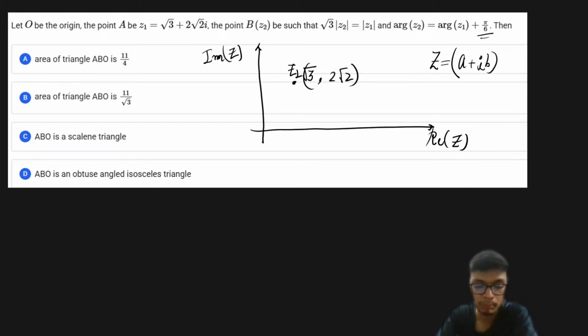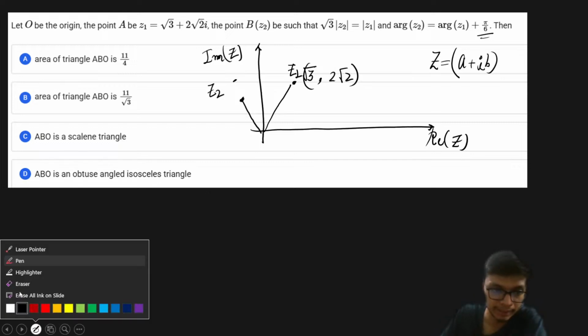Now you must have a question whether this pi by 6 is in the clockwise or anti-clockwise direction, which is a very genuine question. If it is a plus sign, generally the anti-clockwise rotation is considered as plus, so let us consider some z2 over here, also having lesser magnitude, something like this.